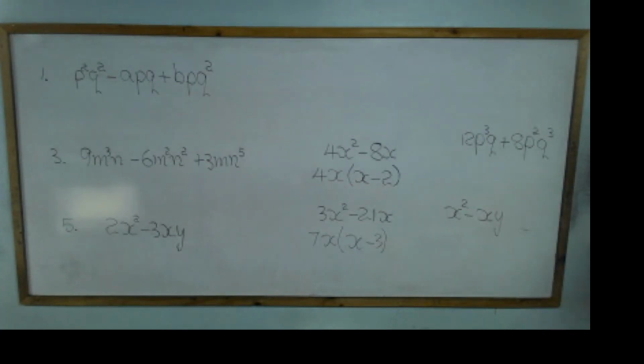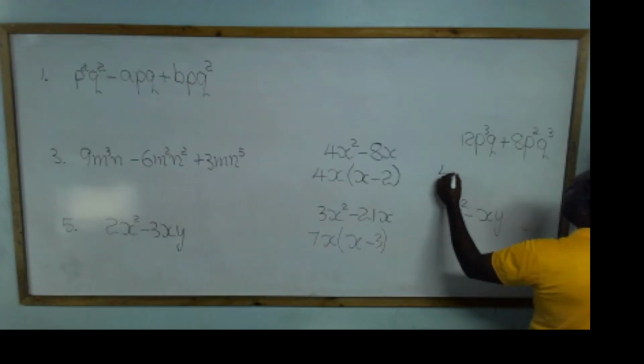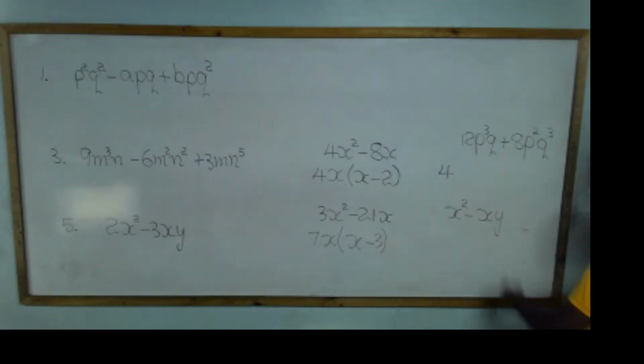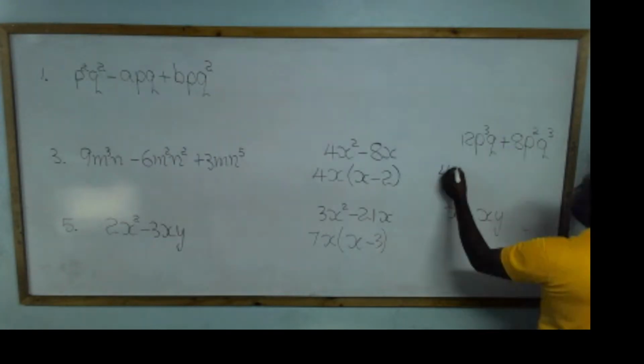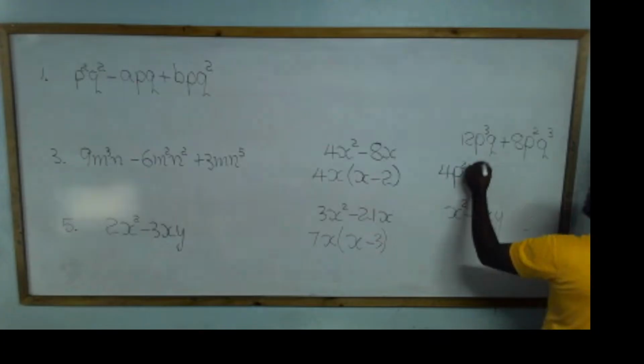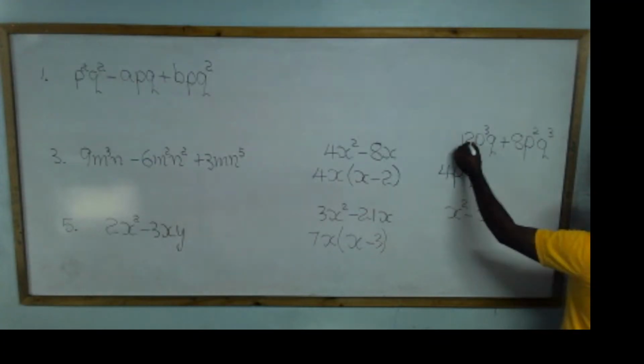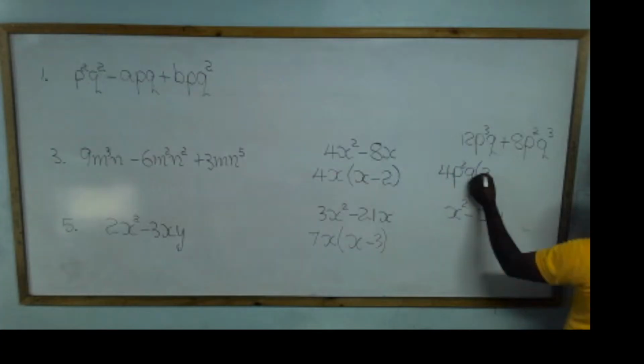So what do we have? What's common in 12 and 8? 4. P cubed and p squared, what's common? P squared. Q and q cubed, q. So what do we say? 4 into 12 is 3.